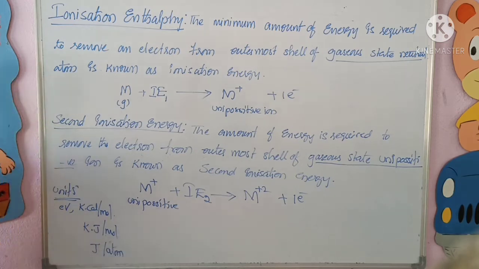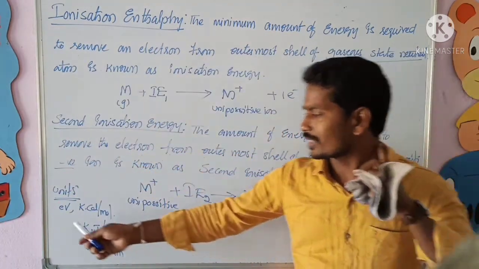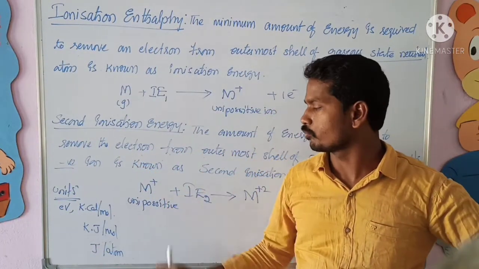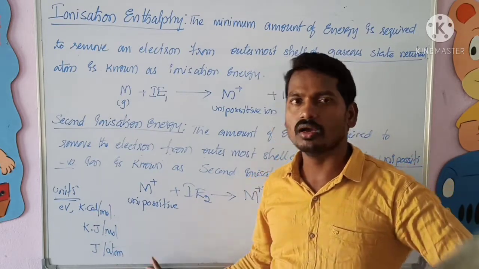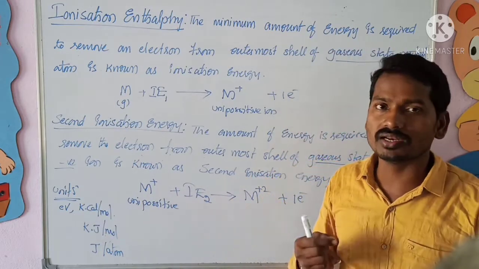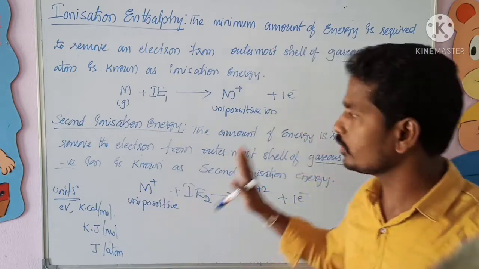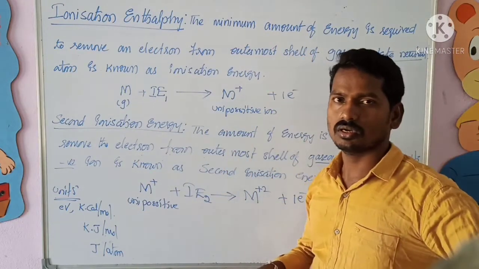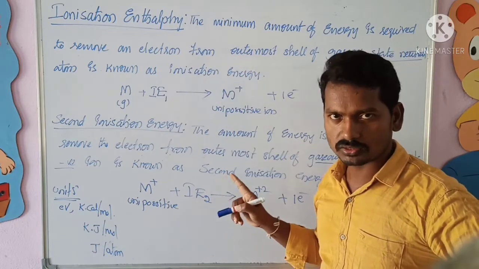So you can take the units of energy in different terms, like electron volts, kilocalorie per mole, and kilojoules per mole. The next one is joules per atom. So these are the simple units for calculating the energy of ionization. Okay, these are the definitions and simple information about ionization energy 1 and ionization energy 2.